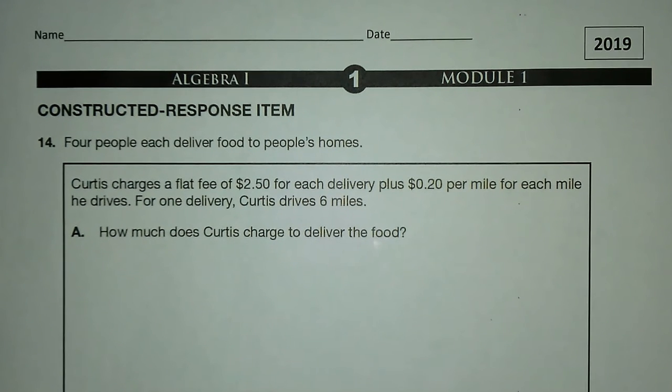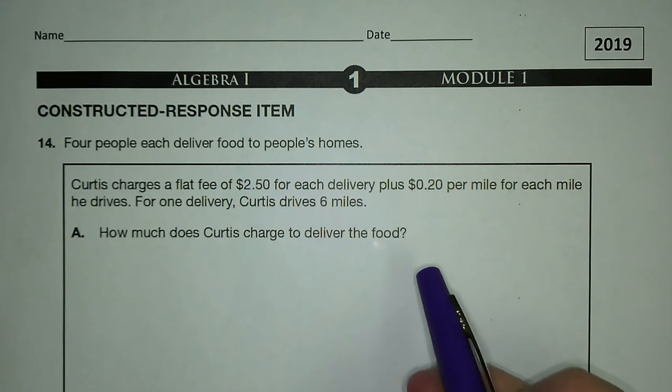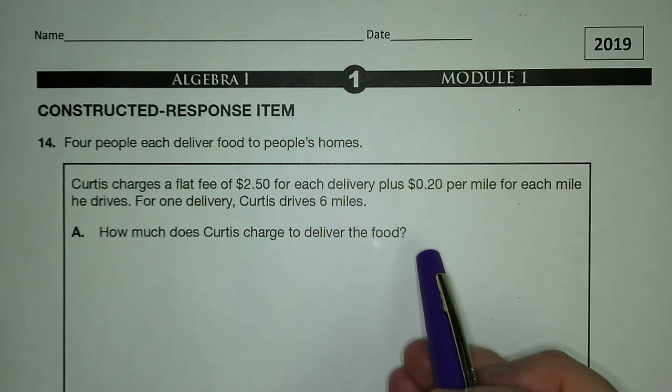Okay, here we go. Obviously, this is the first time I'm ever seeing this particular example, but I've done stuff like this before. Well, I guess that's why I'm the teacher, right? So all they want to know is how much Curtis charges to deliver the food for 6 miles.